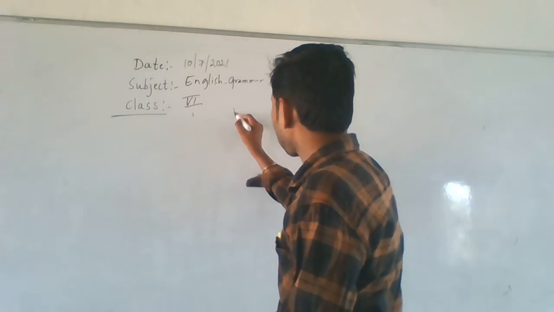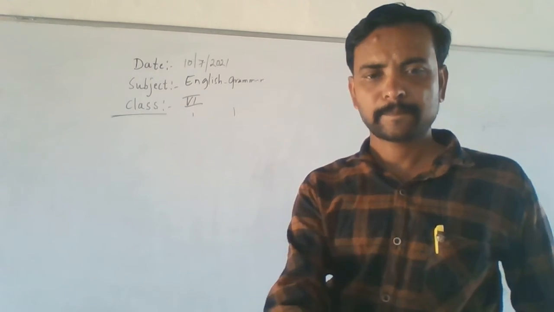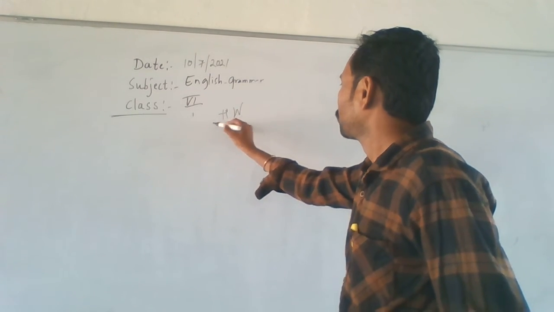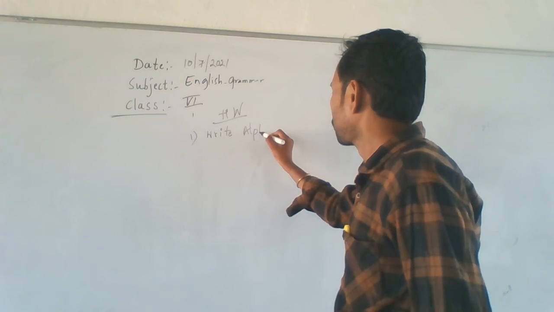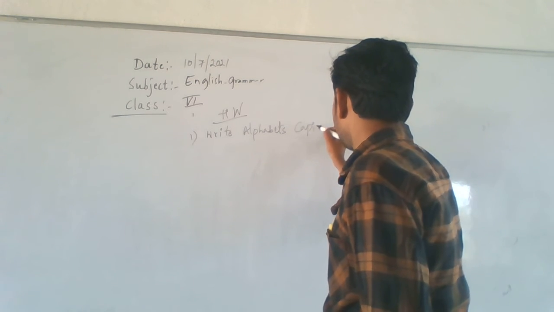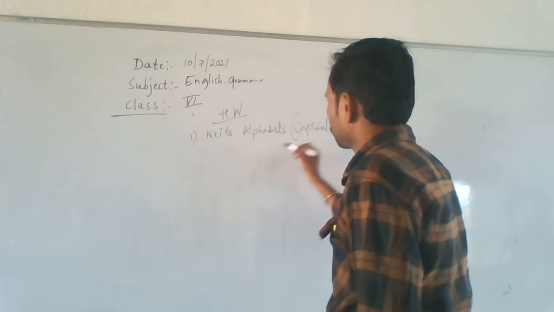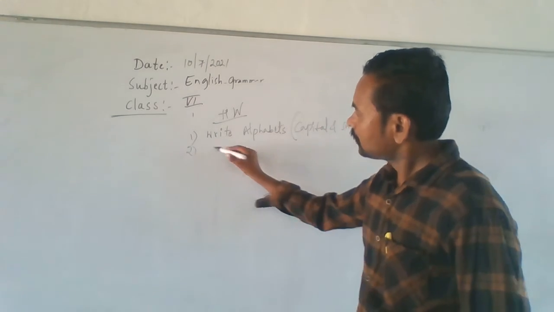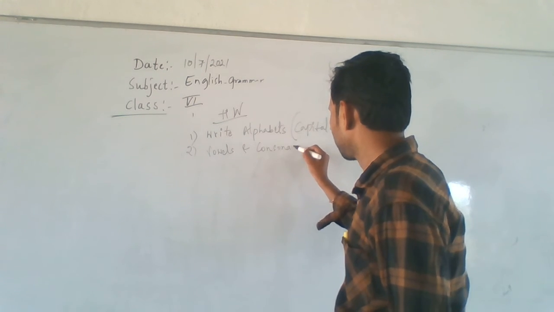Now write down the homework. What you have to write: alphabets, capital and small. Then vowels and consonants, you have to write one time.